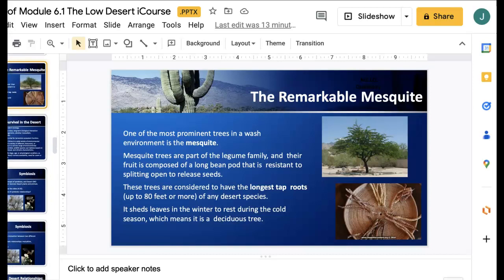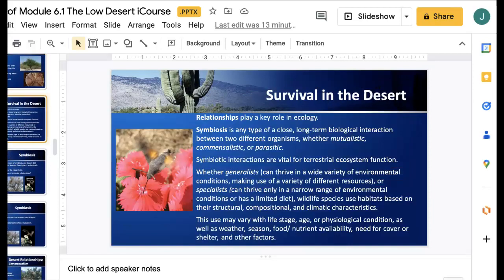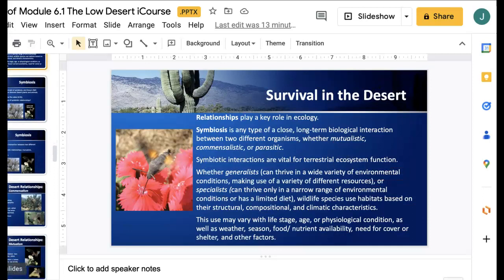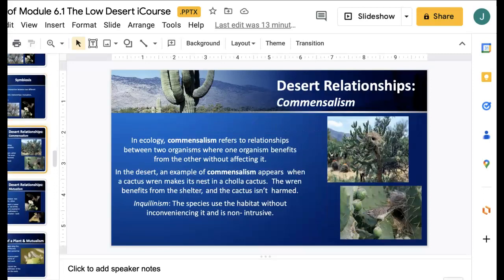Talks a lot about the mesquite, and we see a lot of them around in Arizona, and why they are so remarkable. So be sure to read and watch and learn all about that.